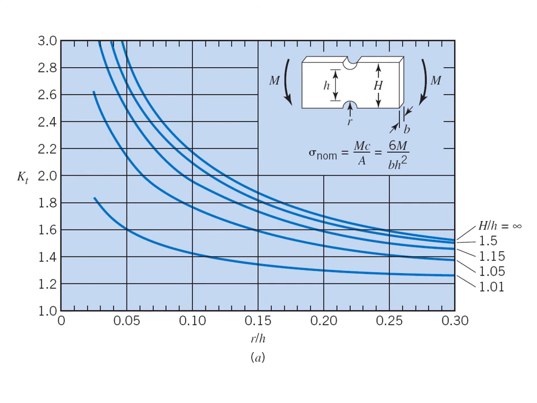We have this equation here, sigma is equal to Mc over I, or 6M over bh squared. Again, there's our h and there's our b right there. We can see down here on our x-axis we have our r over h, where we now can get our Kt out of this, and we choose the curve based upon our H over h ratio from our measured dimensions of our specimen.